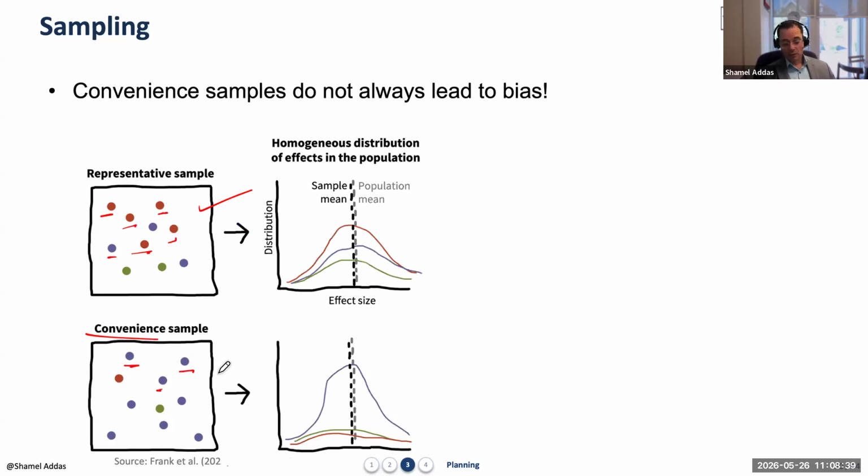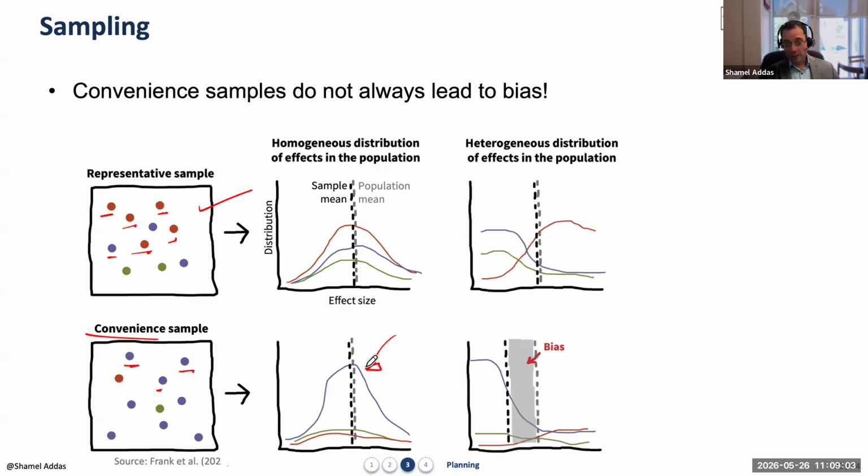It might not be a problem because here you see the distribution of the effects in the population across the three groups. Even though you have overrepresentation by the blue group, the mean in the sample tends to be close to the population mean, even though it's a convenience sample, okay?